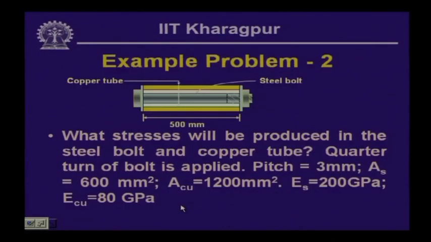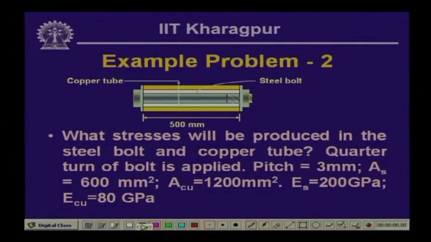Now, let us look into the second example problem which I had mentioned last time: what will be the stresses produced in this sleeve when there is a quarter turn of the bolt. There is a nut here, and this nut is given a quarter turn, and the pitch of this bolt is 3 millimeter. This is the threaded part.